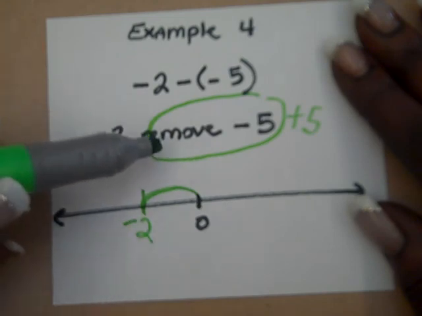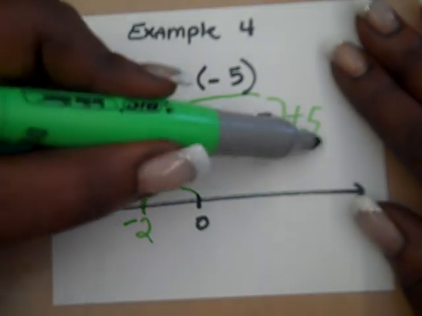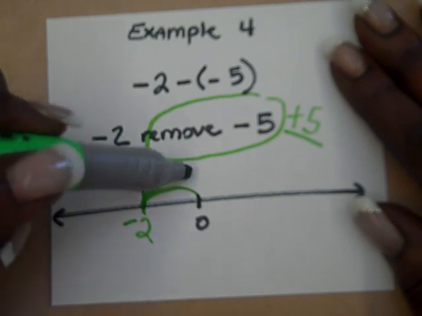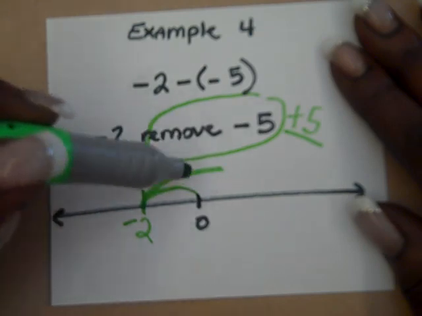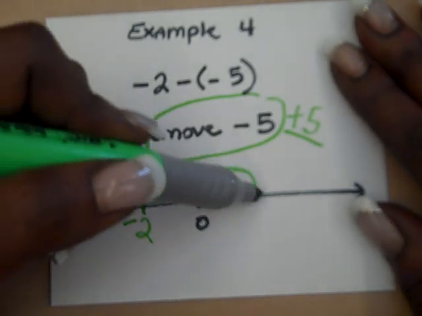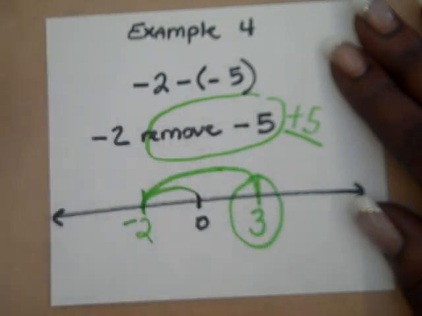And in order to remove 5 negatives, or -5, you must show an addition of 5. So in order to add, you're going to move forward 5 places. So that's 2 places to take us back to the 0. And 3 more places will leave us at +3.